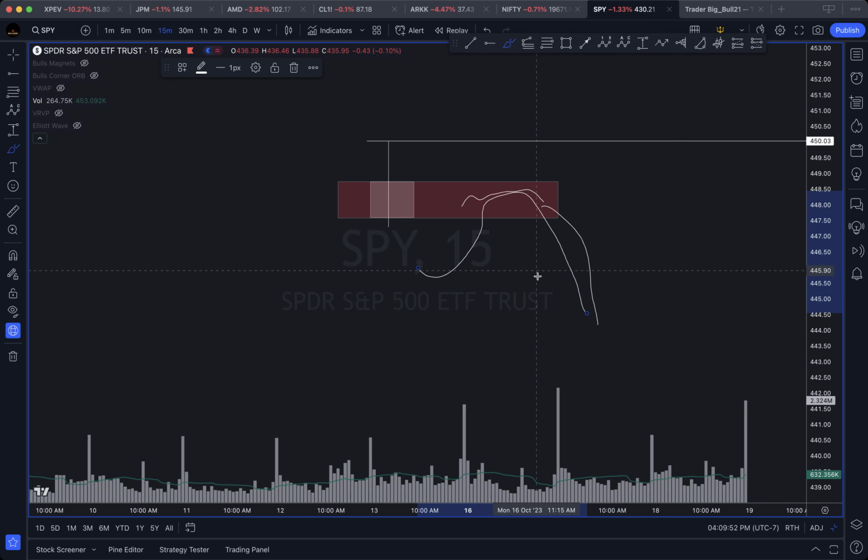So most of the time I identify the body as my supply zone, and the wick high is going to be my stop loss 100% of the time, because at this point, guys, personally, I do not wait for price to make lower lows and lower highs. As soon as price enters my supply zone, I take the trade. That's why you guys see me sniping tops and bottoms every other day.